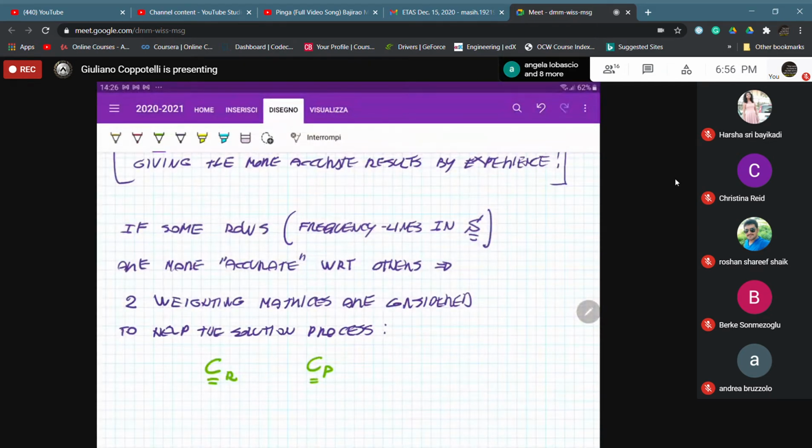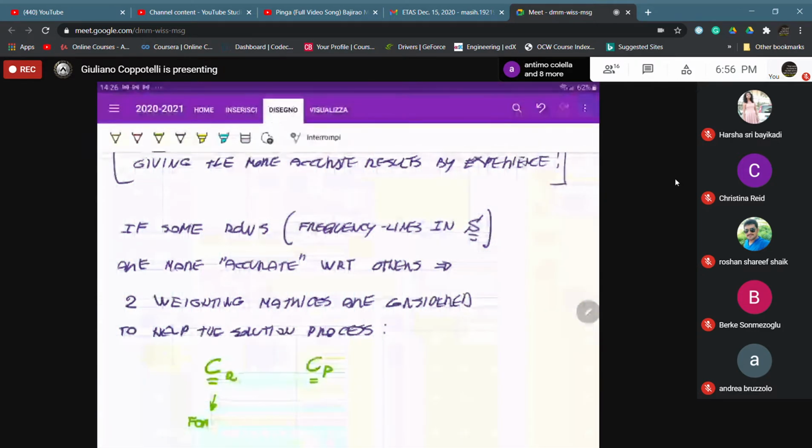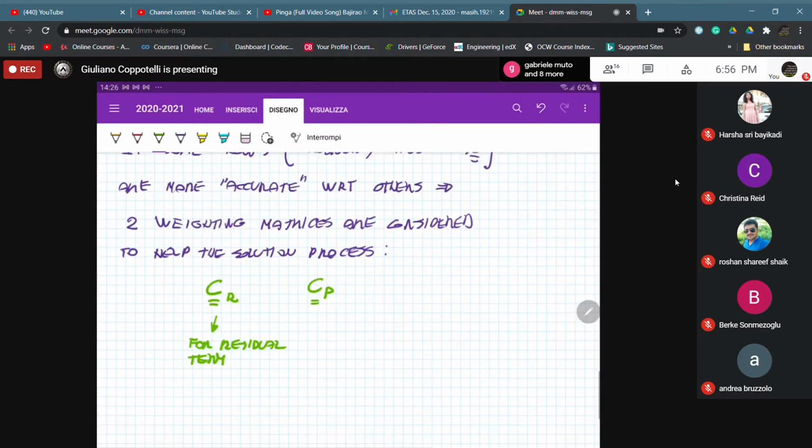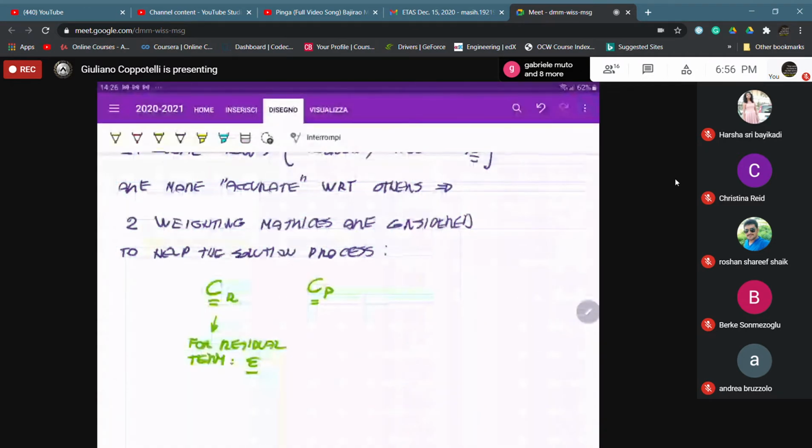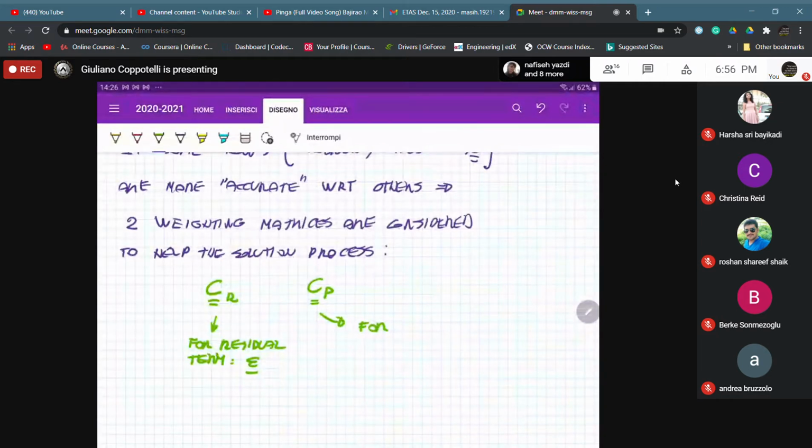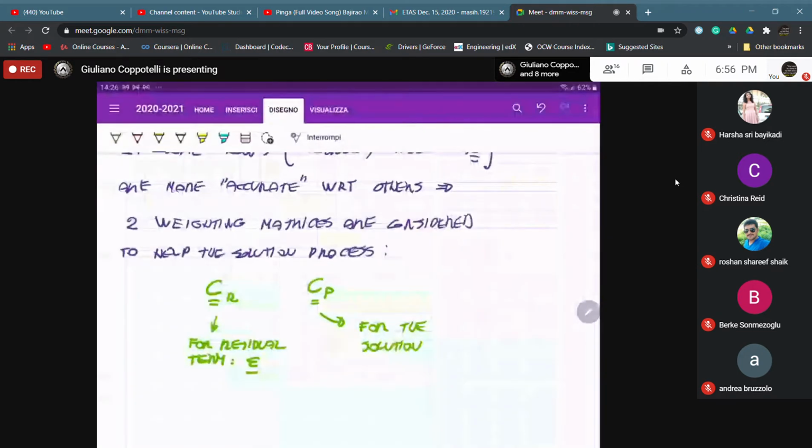The matrix CR takes into account the residual term, that is, the vector epsilon, whereas the CP matrix takes into account the possible solution vector P. There are different formulations for such matrices, but it could be straightforward to just consider that the correlation functions chi A and chi F could be used as components of such weighting matrices.